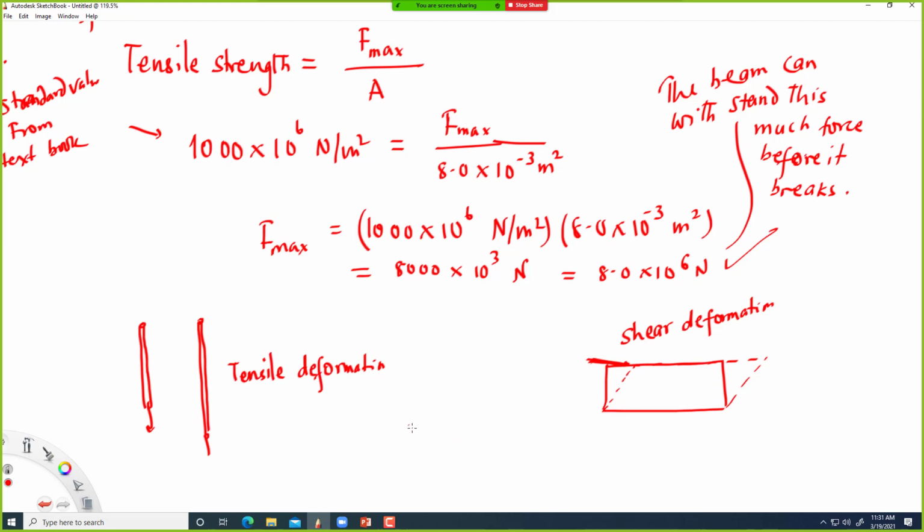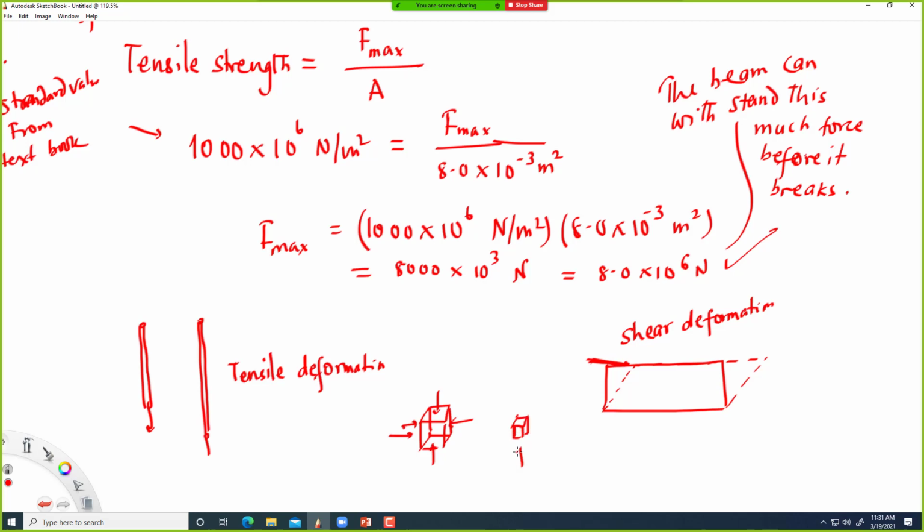You may also have the case where you have a three-dimensional object, a block of metal or something, and you push the block from all directions. When you press the block from all directions, you will squeeze the block inward, so the size of the block would change, or it would be compressed.